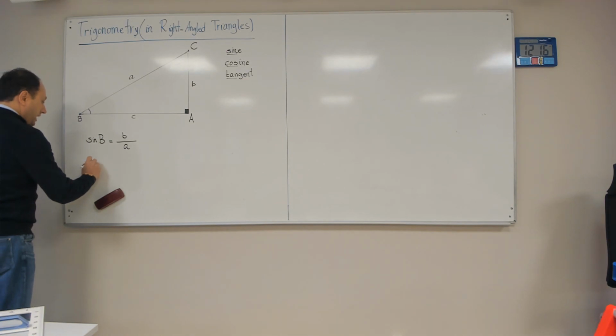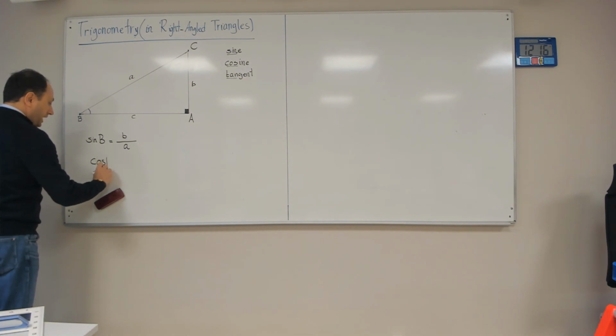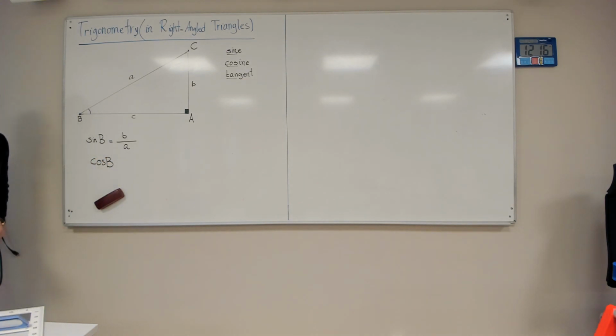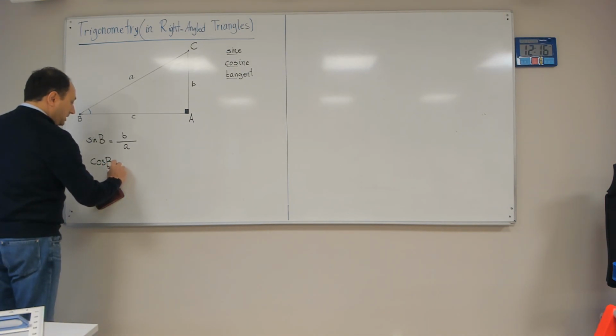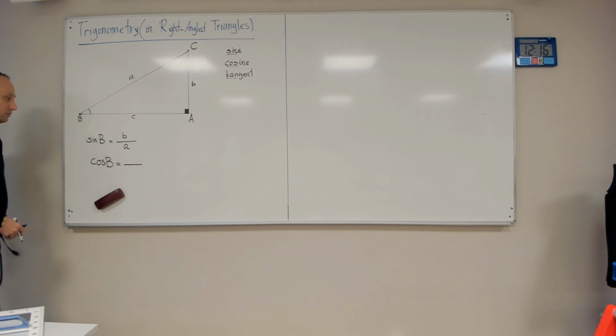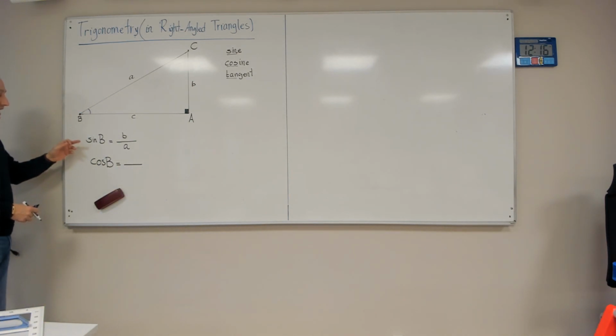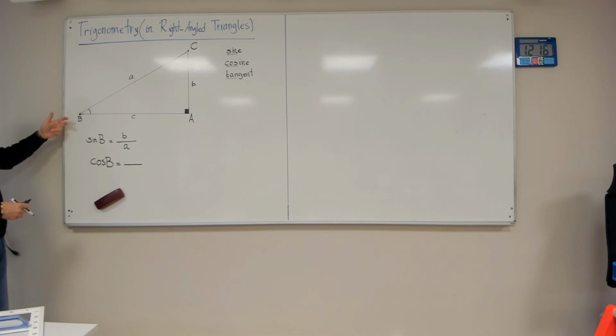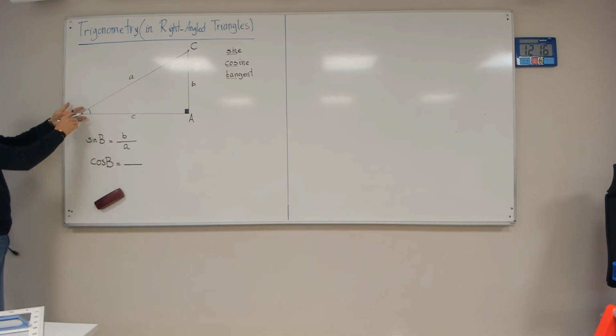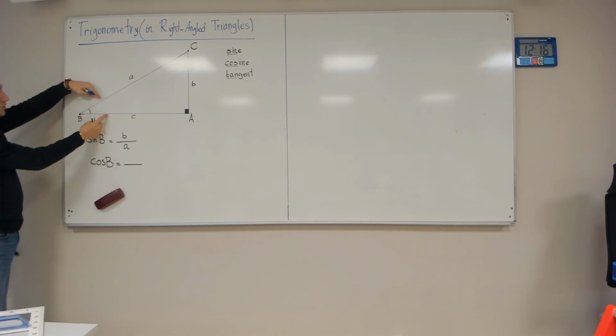And I can also ask about cosine of the angle B. If I want to know the meaning of the cosine of the angle B, it tells you to take the adjacent side to B. This is a little bit confusing, you need to understand that. This is my angle B. It seems that I have two adjacent sides. That's correct.